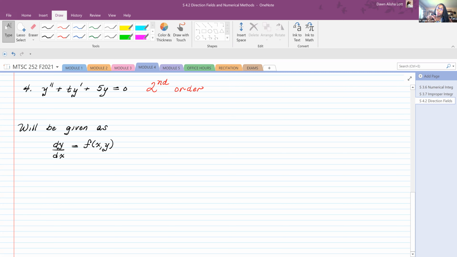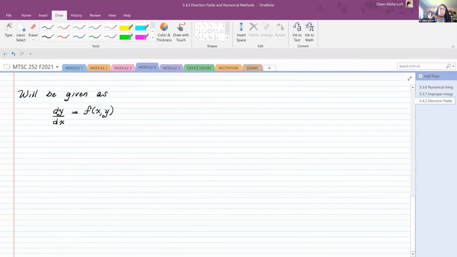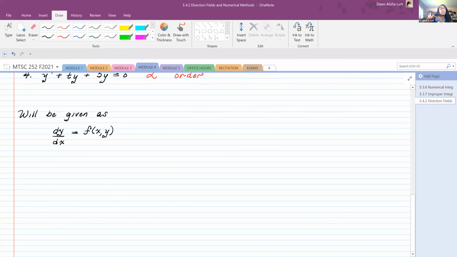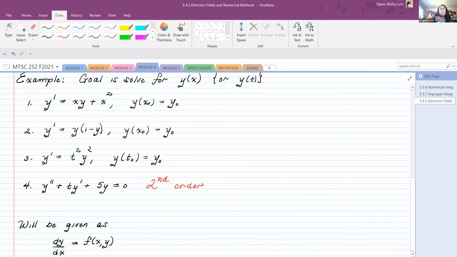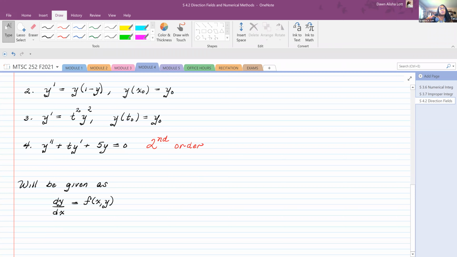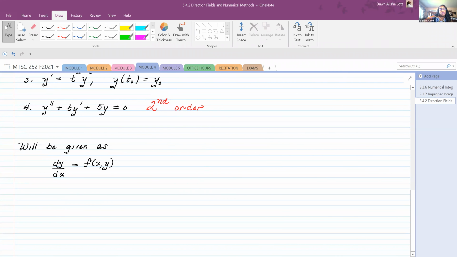Okay, one solution. Okay, so what we want to talk about here are direction fields. So I'm going to just give you an idea of what direction fields look like. Okay, so the first thing is if the function only has the right-hand side as a function of y, we consider that to be autonomous.